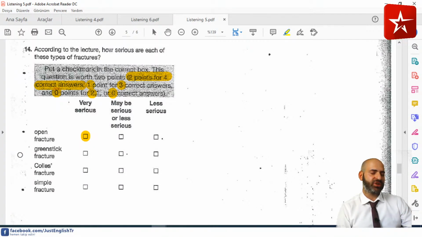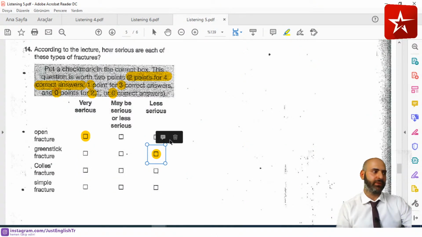Remember, green stick fracture is something that happens with children a lot. Ece and Ayna and Dilara say less serious, and the girls are correct once again.